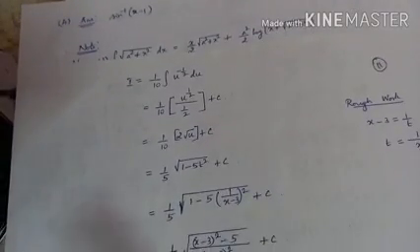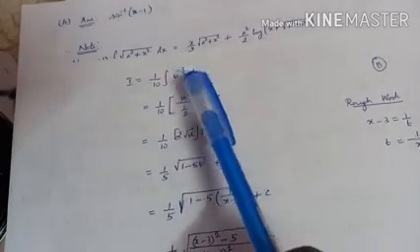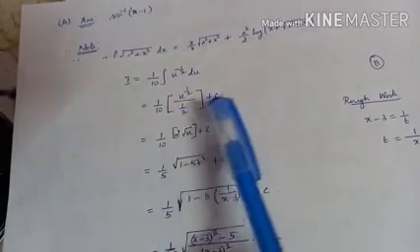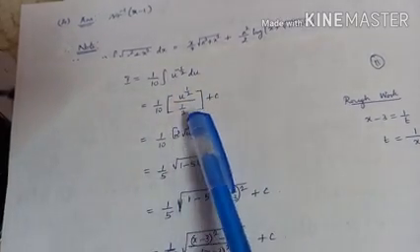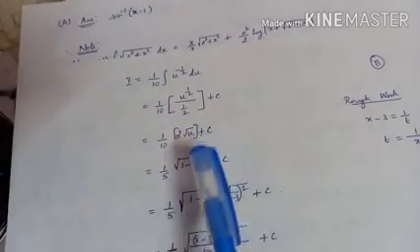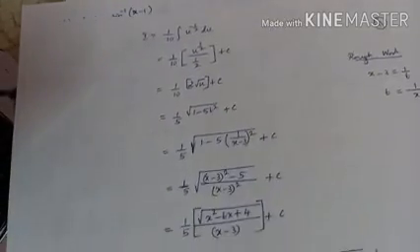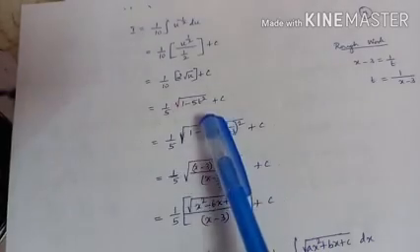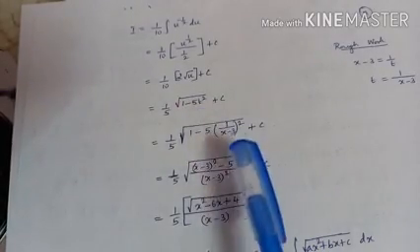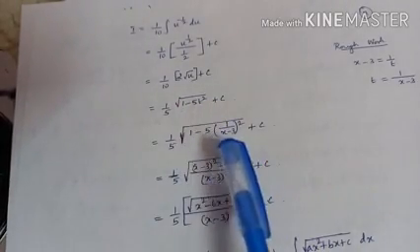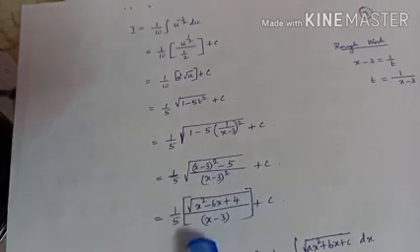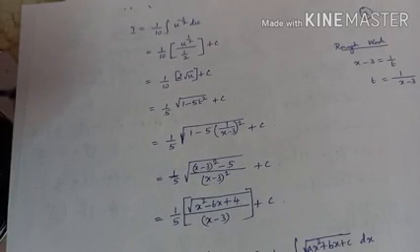The same here: u power minus 1 by 2 plus 1 by minus 1 by 2 plus 1. Hence this 2 goes to the numerator. U power 1 by 2 is root u. Write root u in terms of t. But we need the answer in terms of x, so we know what t is in terms of x. Hence simplify if you want, which completes this type.